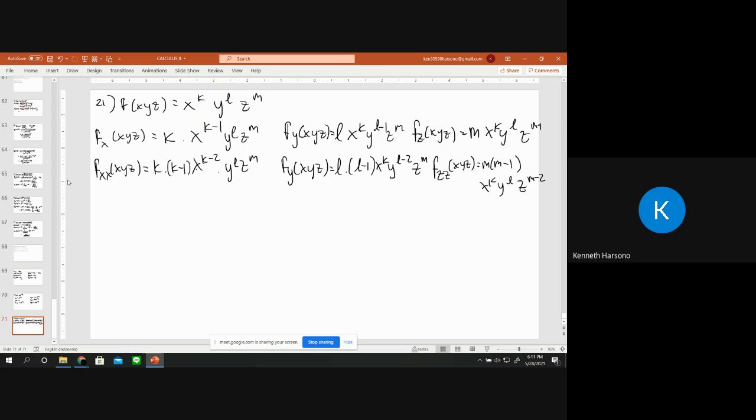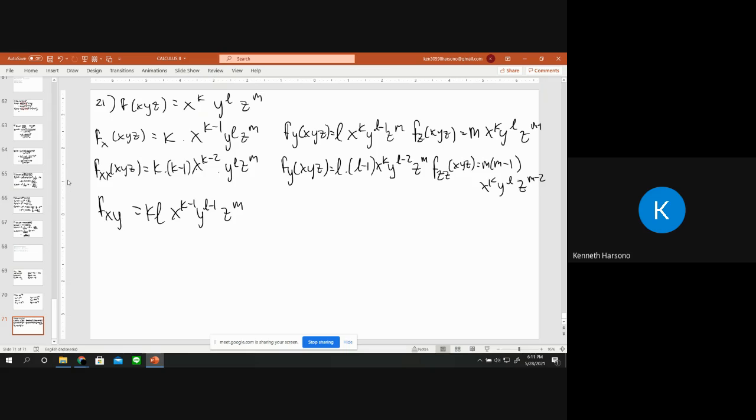Okay, and let's search for f_xy. So this is k l x^(k-1) y^(l-1) z^m.